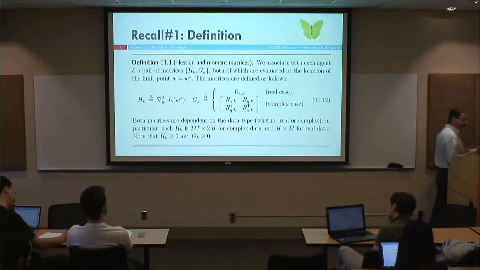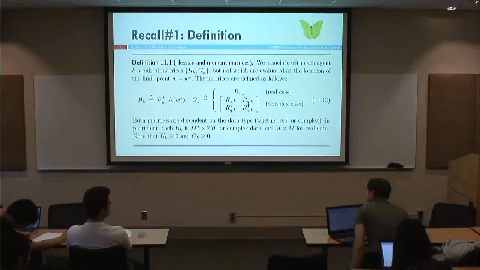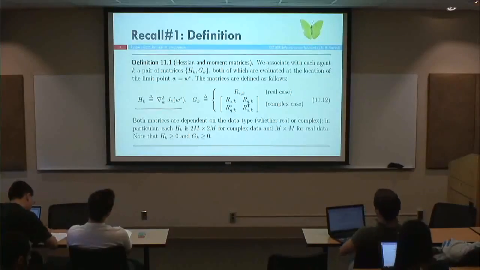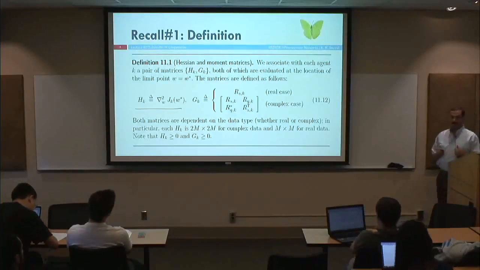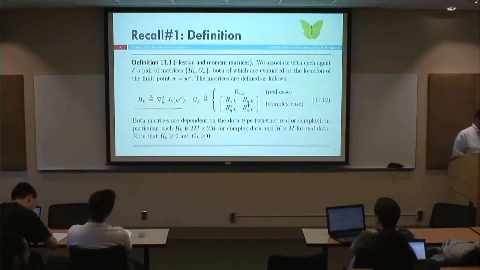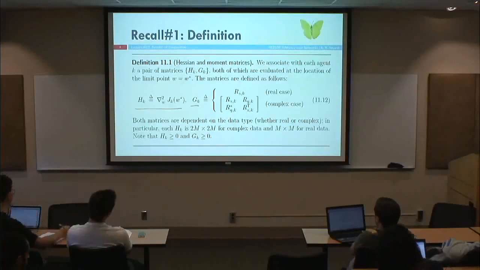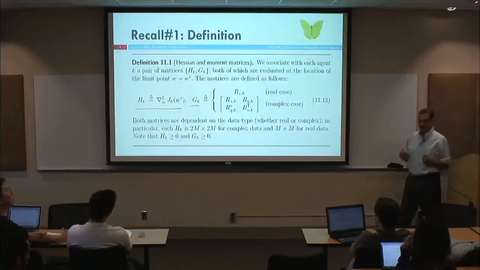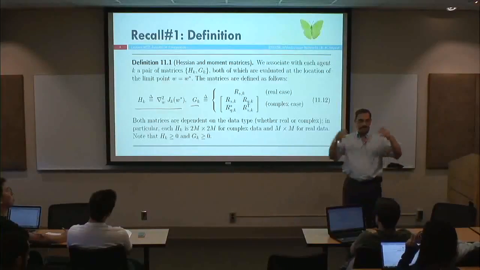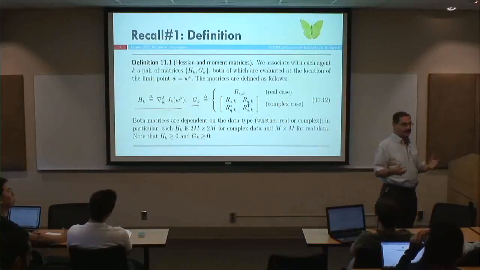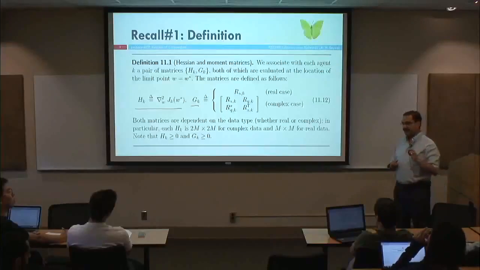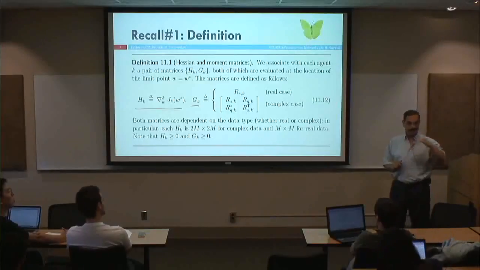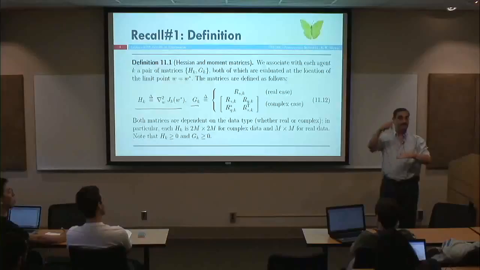So here I'm reminding you of the definitions. So H sub k is the Hessian matrix at agent k at the Pareto solution, right? And G sub k is the gradient noise matrix, right? Remember that because we are dealing with the general complex case, we extend the gradient noise vector, right? s_k extended, where you put the s_k and the s_k star transpose, right?